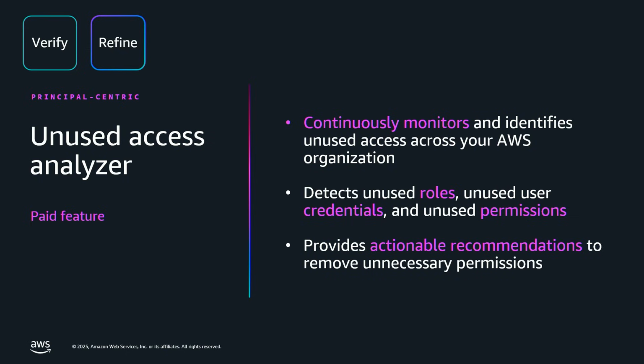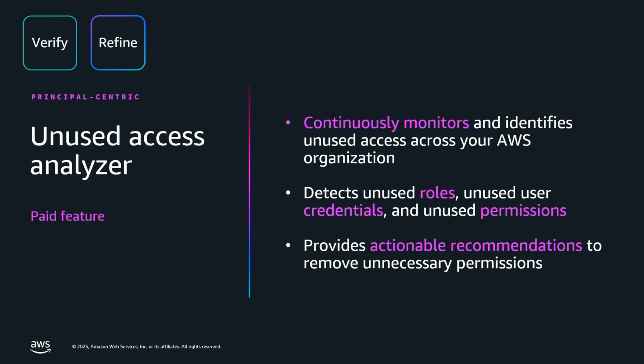The next analyzer that we launched has a little bit different flavor. It's called Unused Access Analyzer. This is the Marie Kondo of analyzers. It helps you get rid of the things that do not bring you joy. What are those? Unused permissions. Permissions that nobody needs that have actually been granted, but that are not used. So this one's pretty simple.